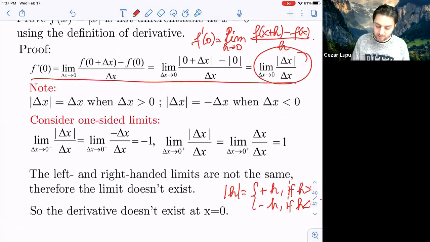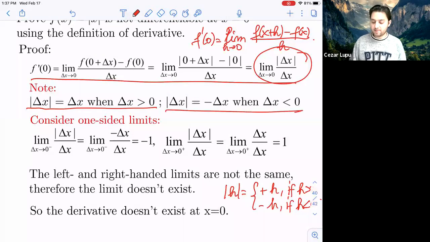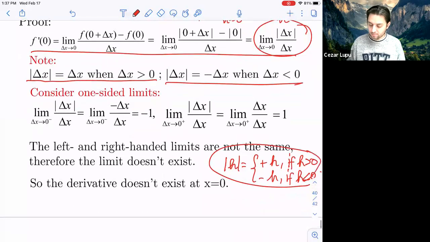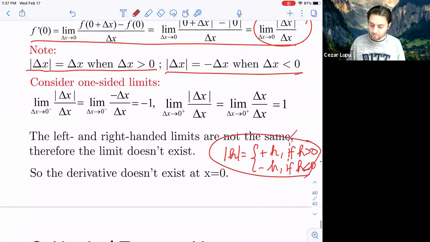As you can see here with delta x, this is the same thing as this one here.